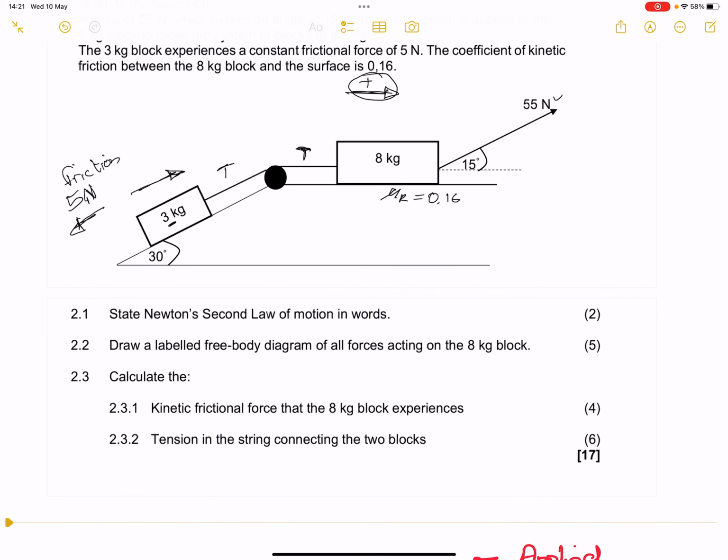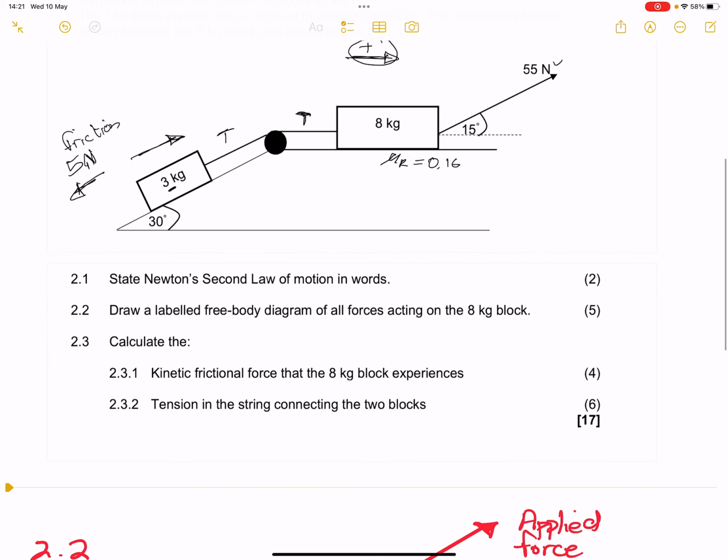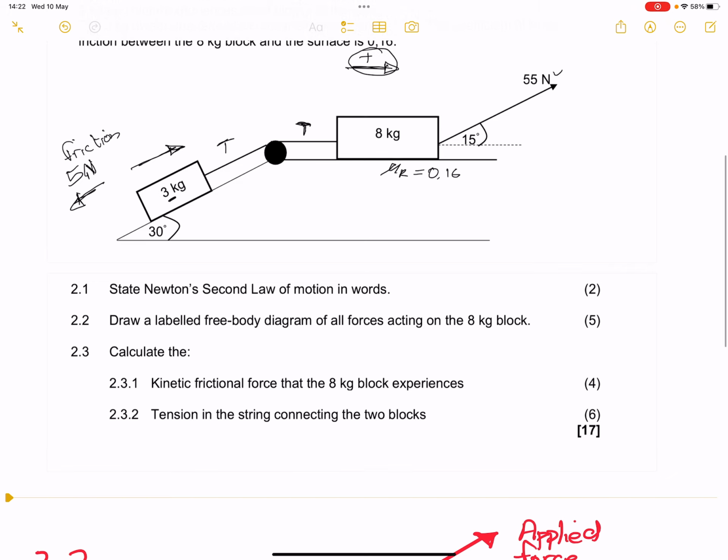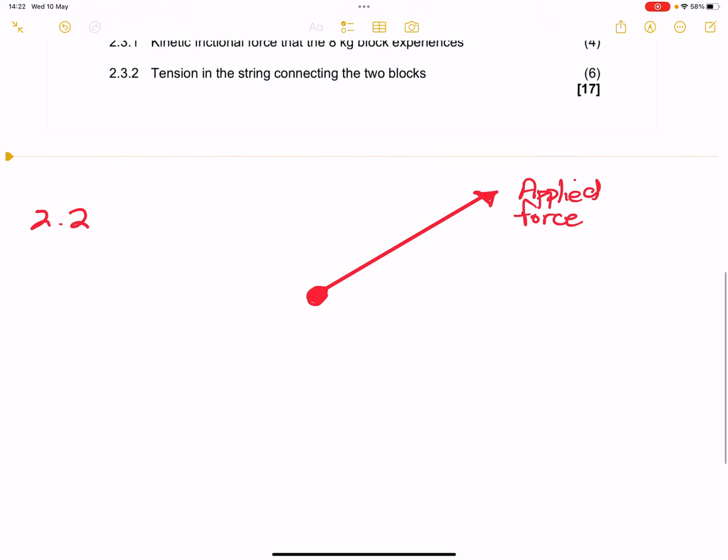So if you write FA, right at the bottom there, that FA is applied force. Right, so we've got the tension. So we know the tension in this case would be slowing down our block there. So that would be the tension on that string, or you can say tension force, right?